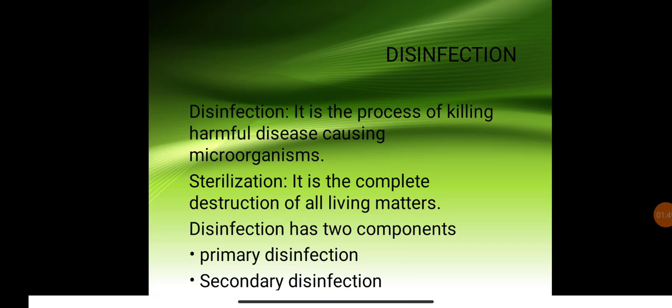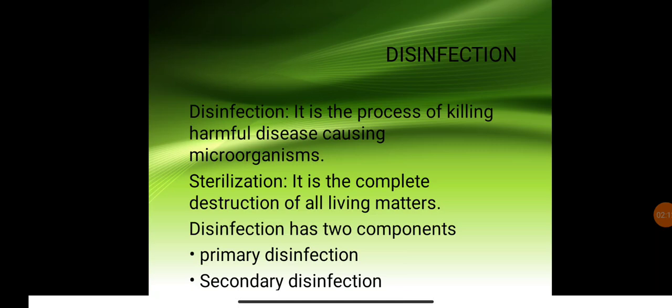So we have discussed disinfection, sterilization, and primary and secondary disinfection. Disinfection is a process of killing the harmful disease causing microorganisms, whereas sterilization is the destruction of all the living matter present in water.